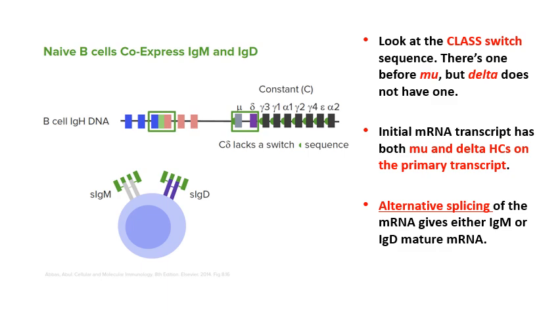That dot is called a class switch sequence. So I put it right here. Okay. It's called a class switch sequence. The only gene that does not have a class switch sequence is the delta gene. Okay? What it means is that when this whole thing gets transcribed from DNA to RNA, to messenger RNA, right?